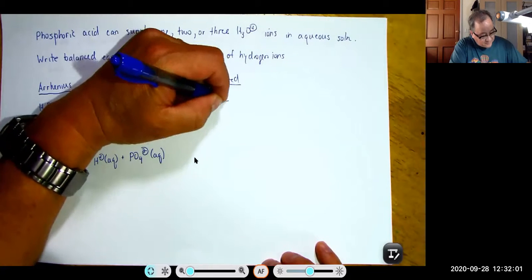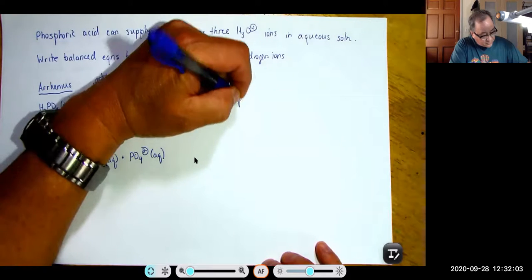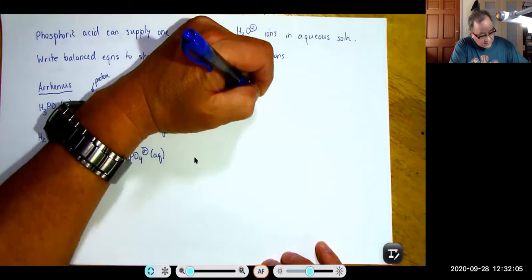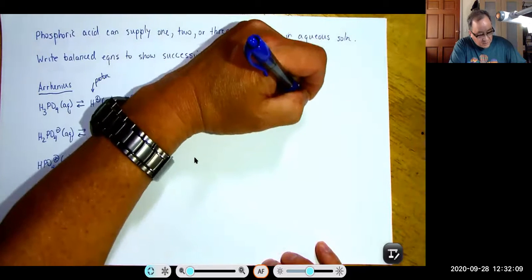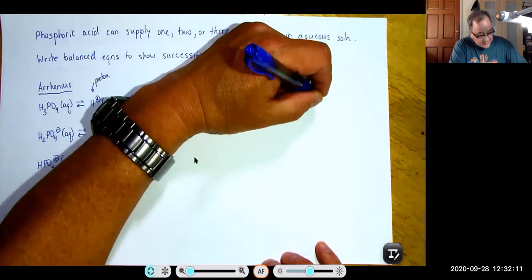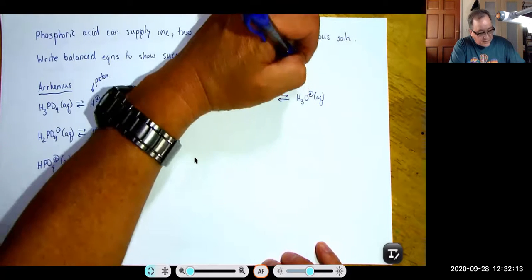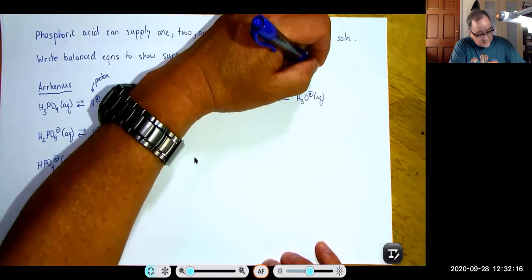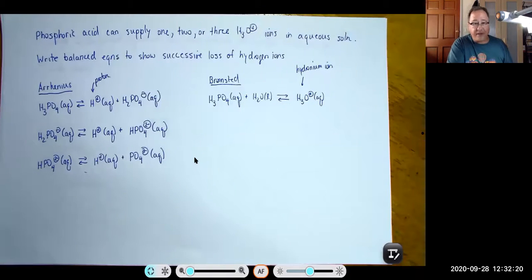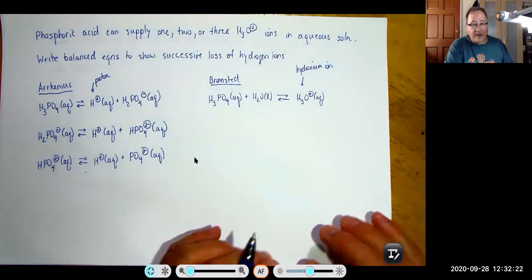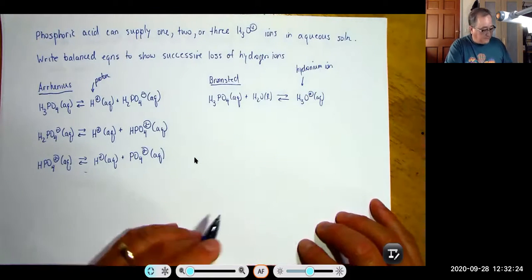H3PO4 aqueous reacts with H2O liquid, and it makes H3O plus. This is called the hydronium ion. It is a polyatomic ion. It's not one that we asked you to memorize because you don't find it in ionic compounds. You only find it in water.